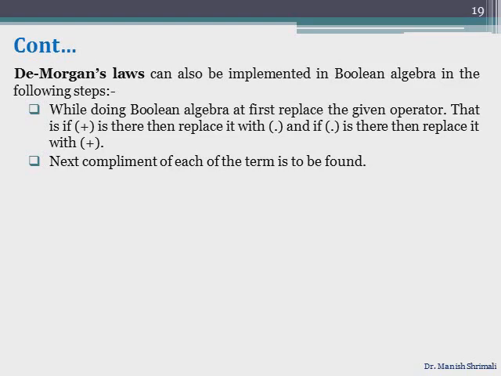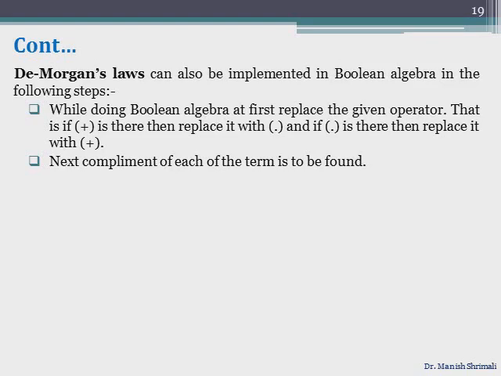And then next, the complement of each of the terms is to be found. So this is how you solve the various expressions using De Morgan's laws, which we will see in our next topic. We will consider solving various Boolean algebraic expressions.